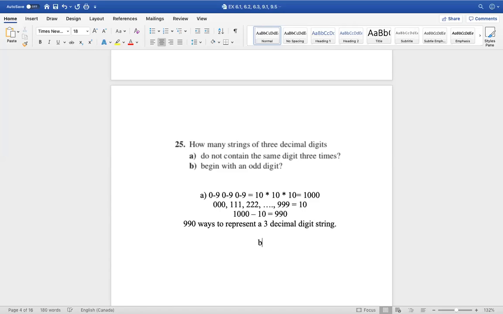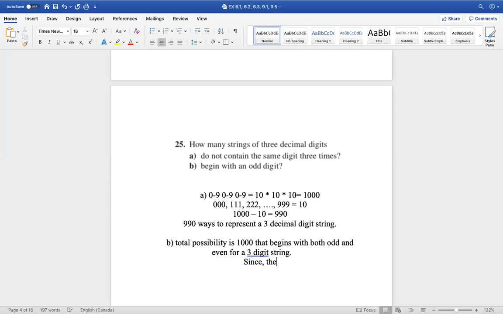Okay, part B. How many strings of three decimal digits begin with an odd number? As we already know, the total possibility is 1000, coming from the line here, that begins with both odd and even digits for a three digit string.